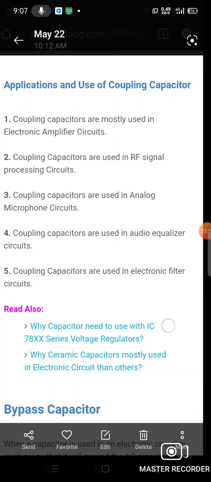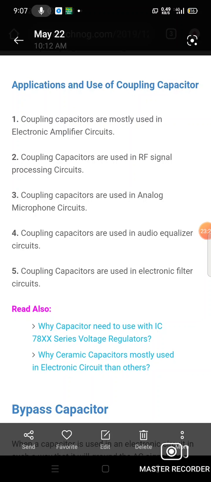Audio equalizer circuits. And the fifth point is coupling capacitors are used in electronic filter circuits. We discussed this in the high pass RC circuit and low pass RC circuit. The capacitors connected in the amplifier circuits are series connections. So the filter circuit suitable for this capacitor function is the high pass RC circuit.